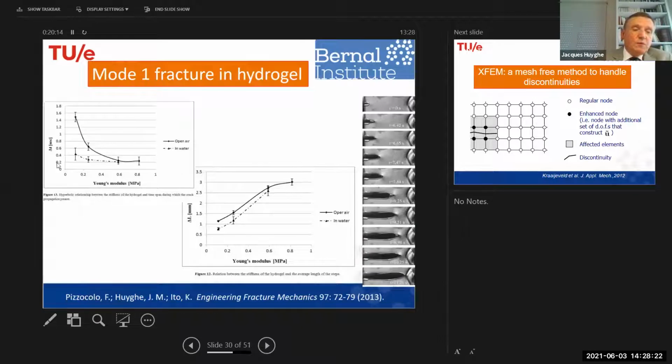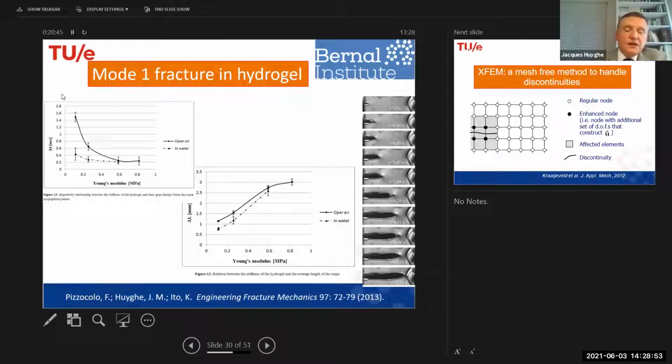Here we plot stiffness of the gel versus distance traveled during one progression, that's the length of a tooth, and stiffness versus time of pause. And we see the time of pause is inversely related to the stiffness, while the distance traveled is increasing with increasing stiffness. This is what we find experimentally.